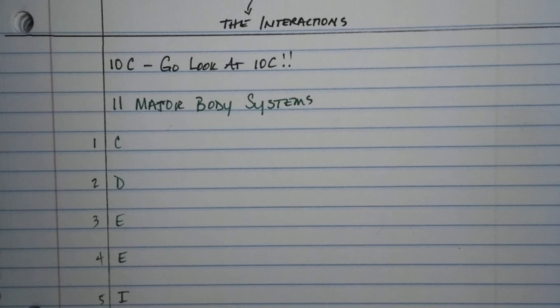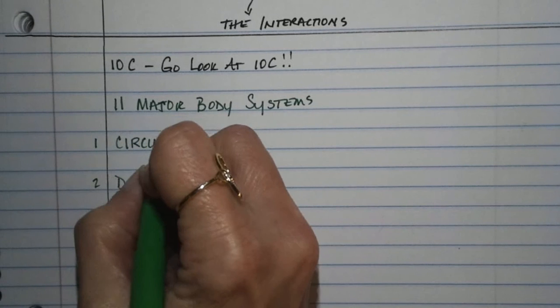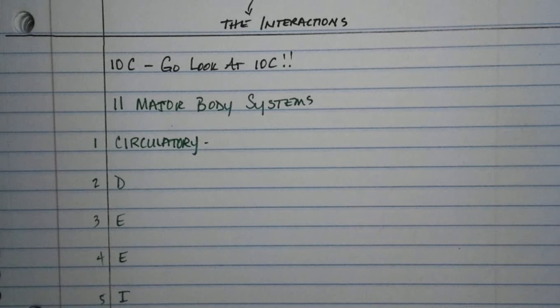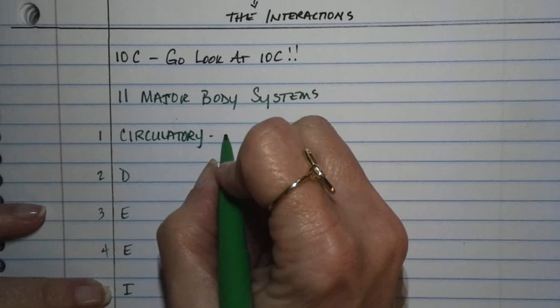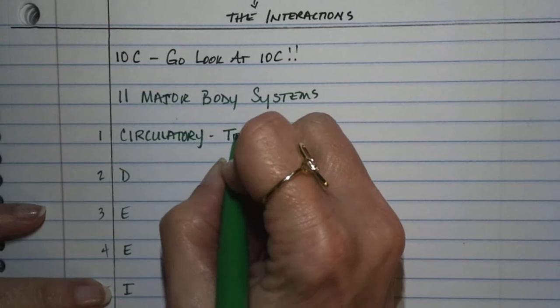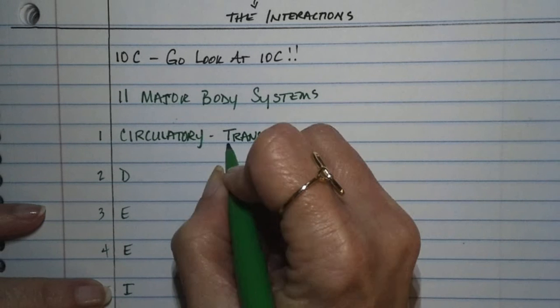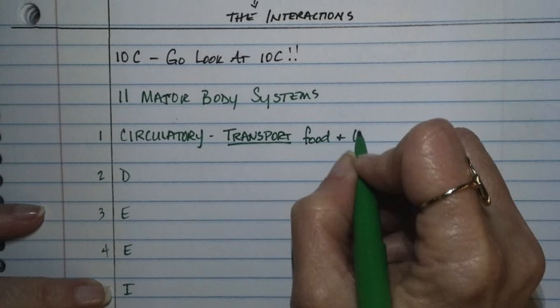Circulatory, right? So we have the circulatory system. You need to know the function of the circulatory system. The function of the circulatory system is to transport food and oxygen to the cells. Number one word you should think of when you hear circulatory system is transport. Transport food and, what's O2? Oxygen to the cells.